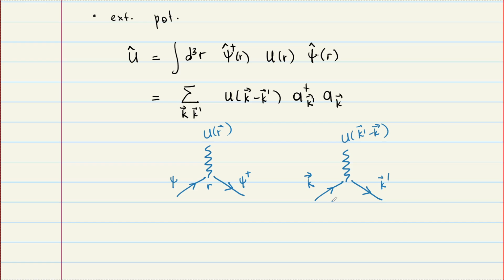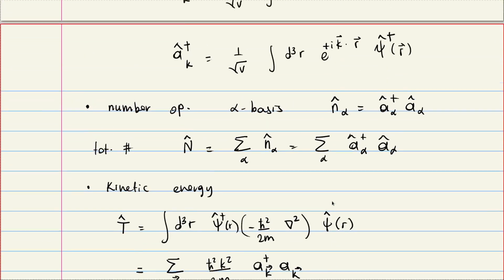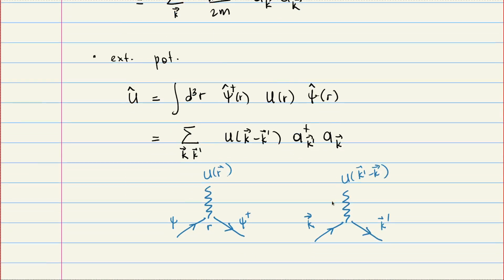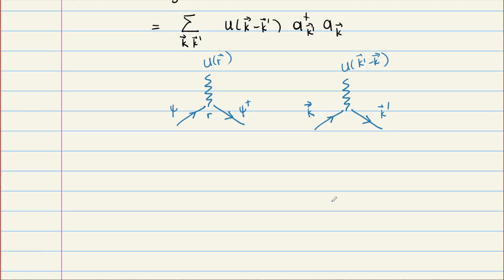Good. The first time seeing this is a little bit weird, but you need to get a little bit used to it. I think it's a pretty standard calculation, but it is different from what we are used to in the first quantized conventional quantum mechanics. Let me introduce two-body interactions.